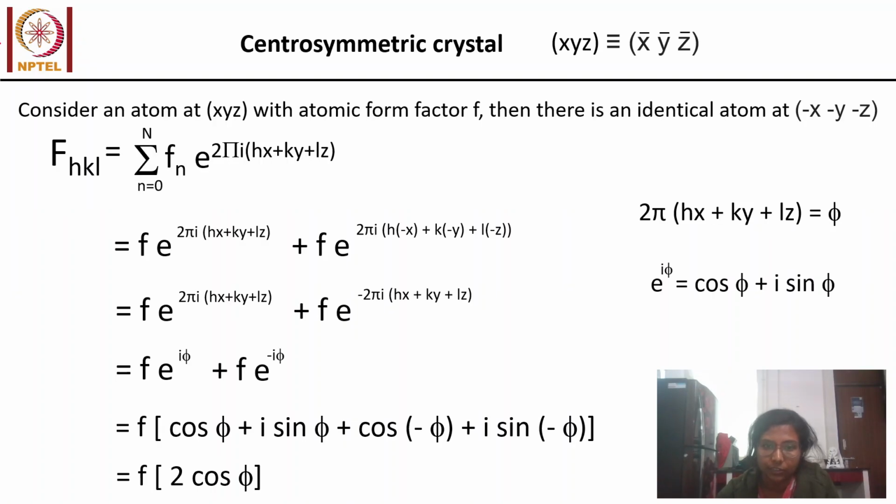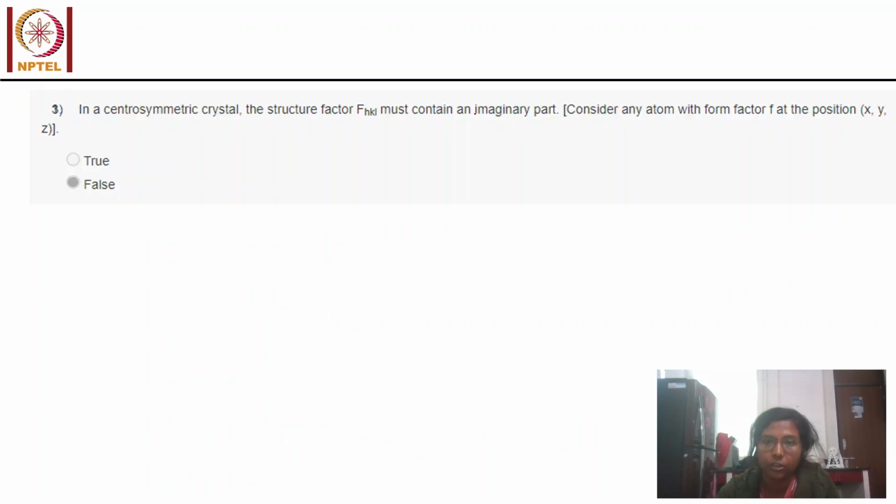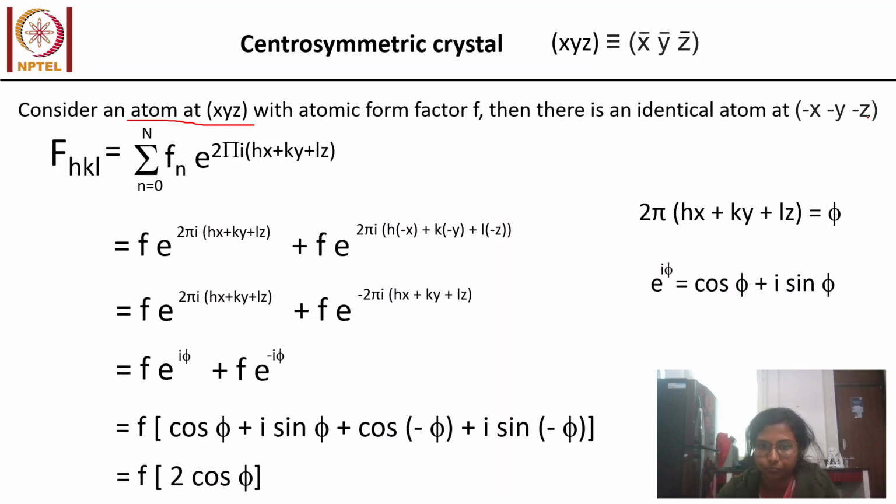I have solved it here because it is very difficult to do by pen on the laptop screen, so I will go through it one by one. We first consider an atom at this position xyz with an atomic form factor f.